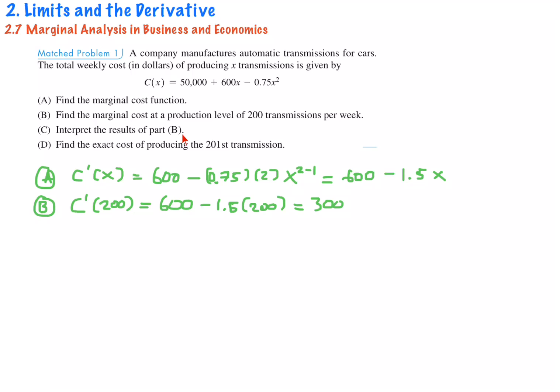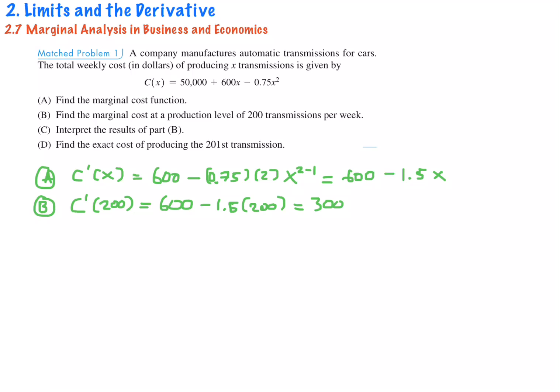At the production level of 200 transmissions per week, the total cost is increasing at the rate of $300 per transmission. Again, the interpretation of the result of part B is this: at the production level of 200 transmissions per week, the cost will increase by $300 per transmission.